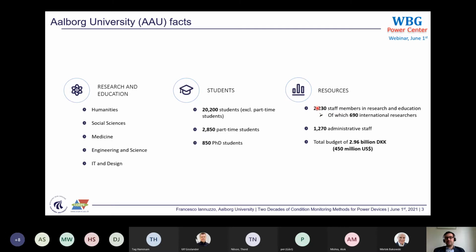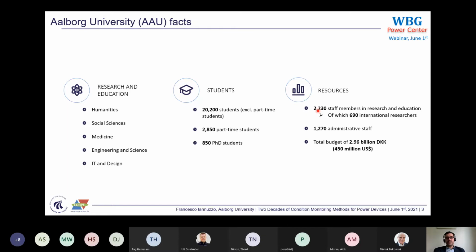because in Aalborg University we adopted what is called the problem-based learning approach, which means that teaching is made by student groups, and there is a frequent interaction also outside the teaching hours. So this calls for a large number of teachers, and this is why we have a ratio which is around, I would say, 1 to 10, 1 teacher per 10 students.